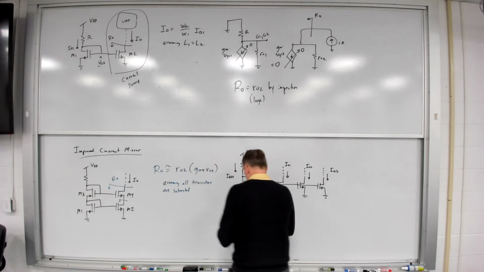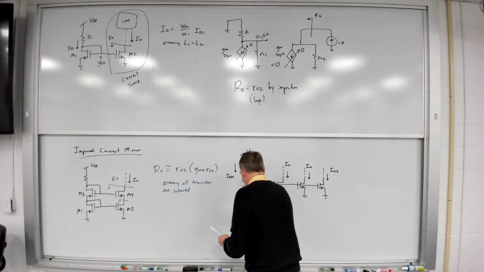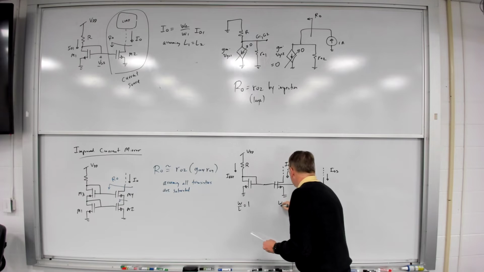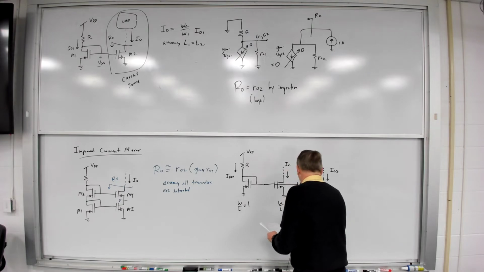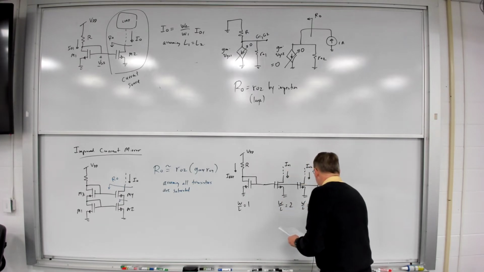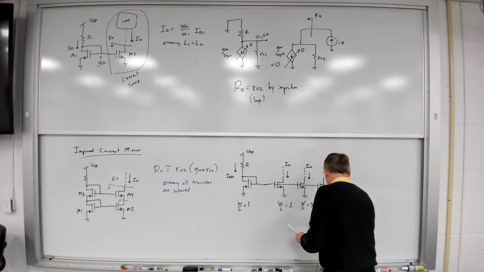And let's say in this case, the width to length ratio is equal to 1 for this transistor. The width to length ratio is equal to 2. The width to length ratio is equal to 3. The width to length ratio is equal to 1.5.